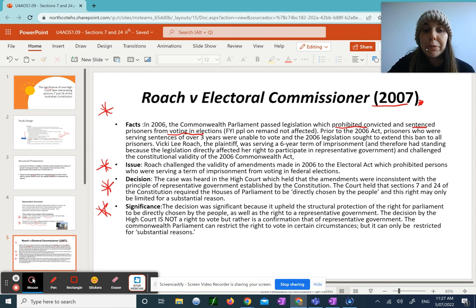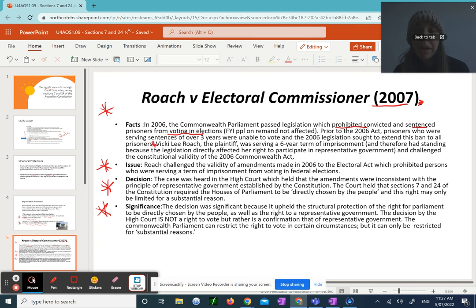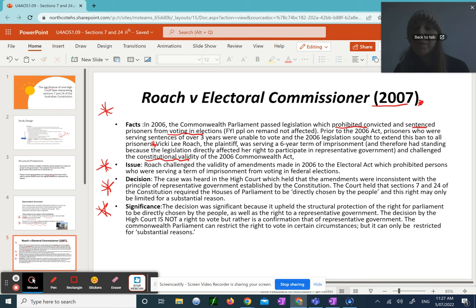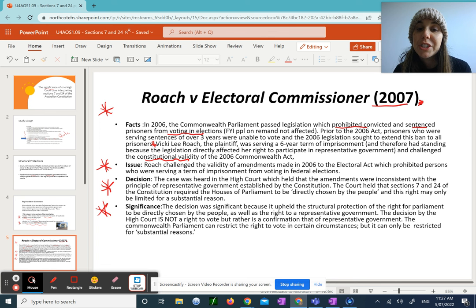A woman called Vicky Lee Roach, who was an Indigenous lady, who was serving 6 years of imprisonment at the time, and therefore was directly related to this issue, chose to challenge this in Parliament, saying that it directly affected her ability to participate in representative government in Australia. She challenged the validity of this law, okay, and whether or not it actually had implications for Section 7 and 24.